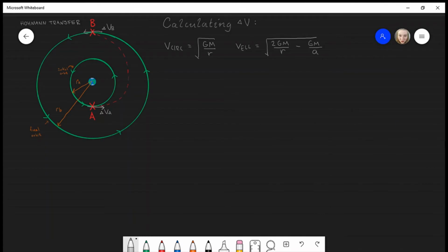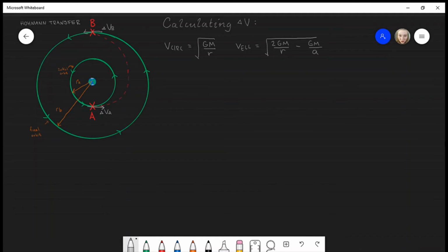Previously in the video, we saw to calculate delta V, we need to know the difference in the magnitude of velocities. I've written down the equations for the velocity of a circle and the velocity of an ellipse. G is gravitational constant. Capital M is the mass of whatever's at the centre of the system.